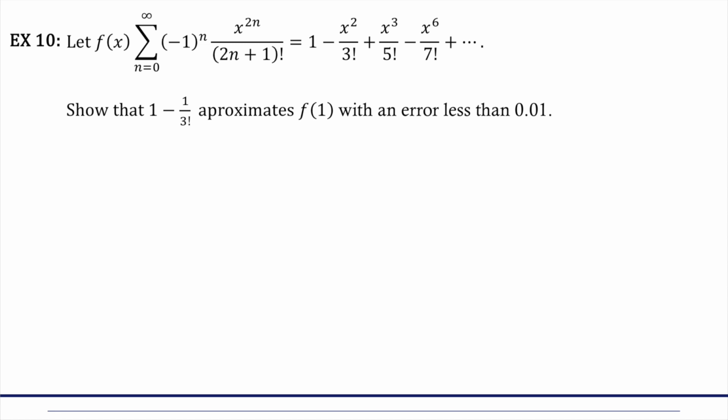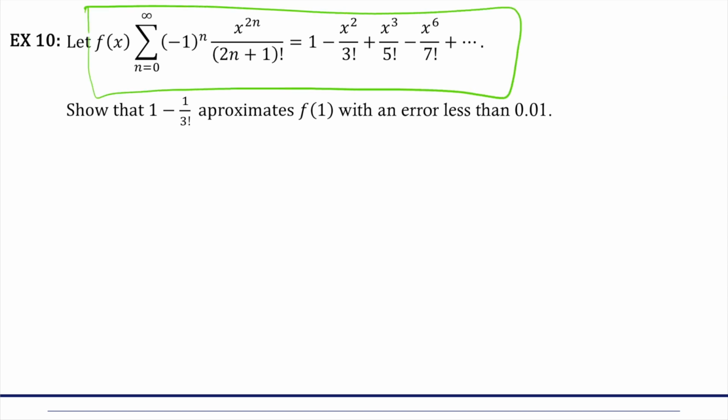Example 10. Show that 1 minus 1 over 3 factorial approximates f of 1 with an error less than 0.01, with this whole series here. Wow, okay.